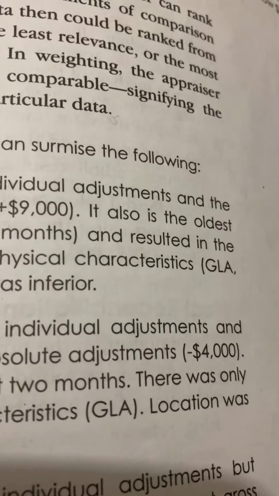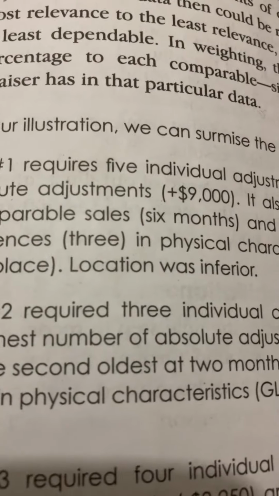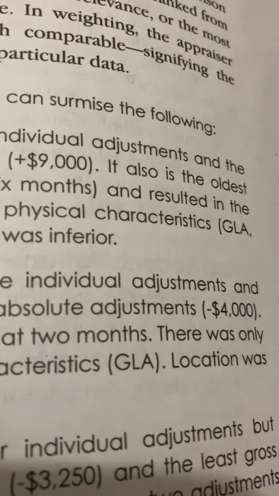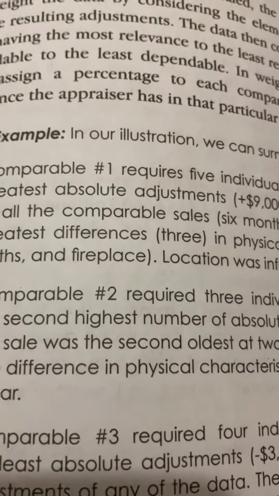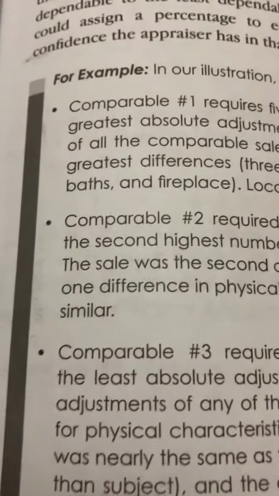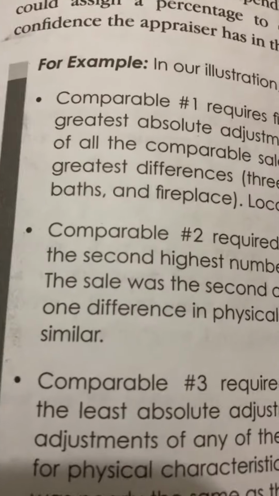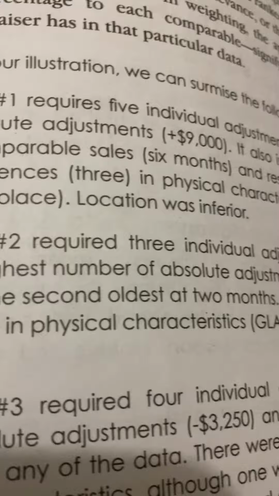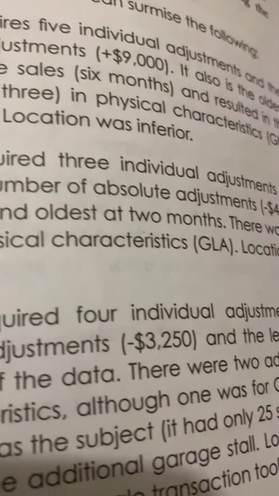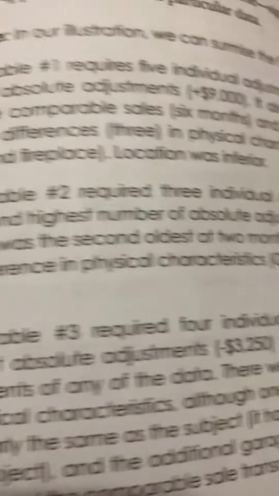It also is the oldest of all the comparable sales, 6 months, and resulted in the greatest differences, 3 in physical characteristics: gross living area, baths, and a fireplace. Location was inferior.